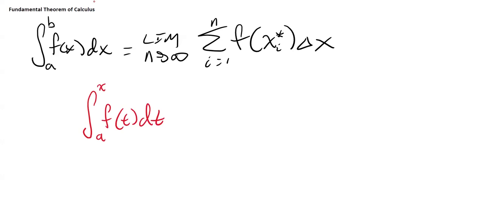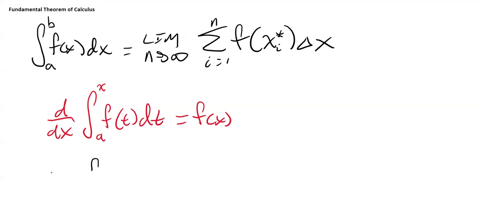Normally we would write f of x dx, but we're going from a to x here, so we don't want to have x plugging into x. But if we have a function like this, a definite integral, and we take the derivative with respect to x of this function, we end up with simply f of x, the function with the x plugged into it. Let me give you an example of this.